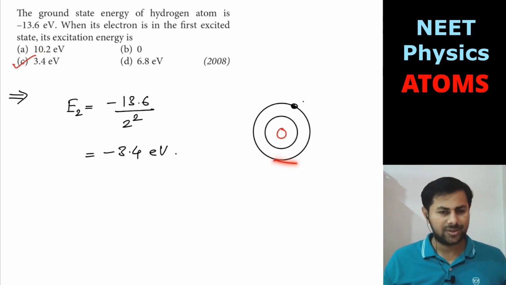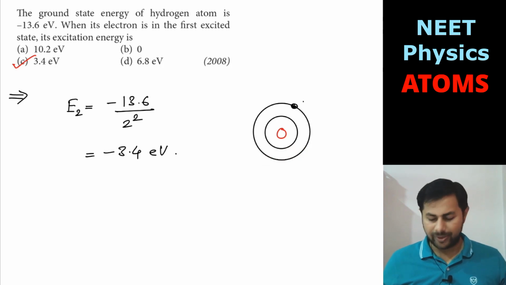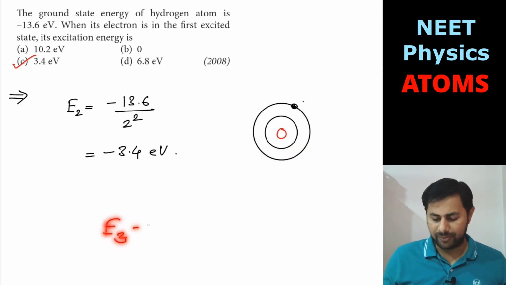Right? This is clear. Yes, no, tell me. Okay, good. All right, so this is excitation energy. If they ask the excitation energy required to excite it to the third orbit, then that would be equal to E3 minus E2.